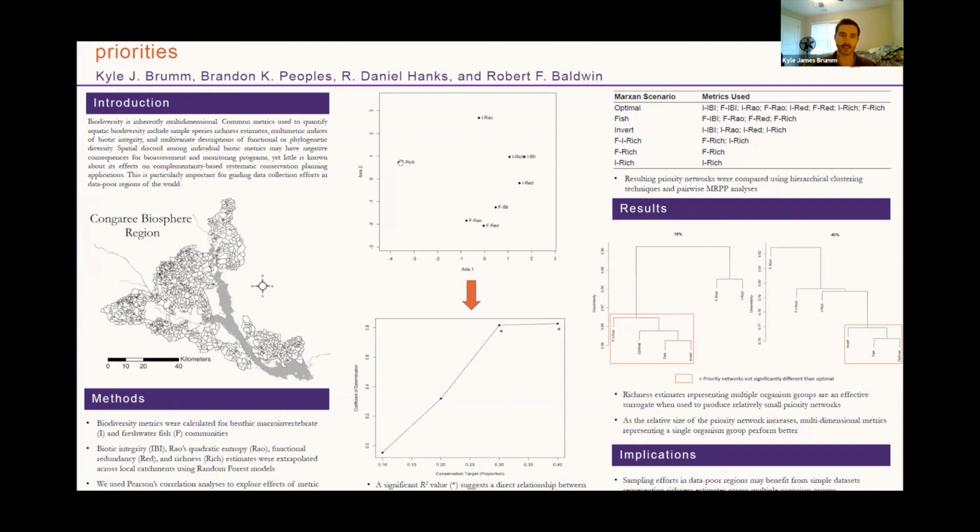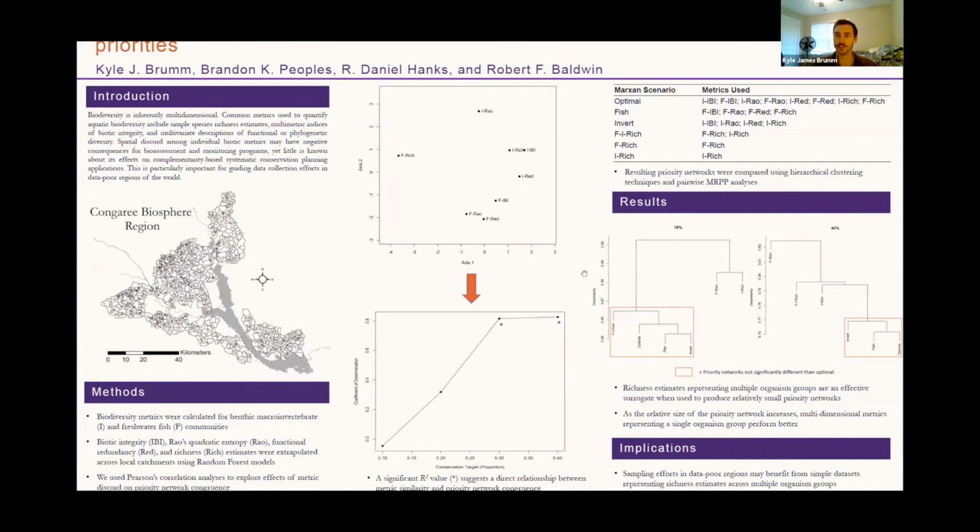The first axis is just a simple species richness component, and our second axis is kind of this functional diversity, functional redundancy axis. And we see quite a bit of separation based on the organism group as well, where we have kind of our invertebrate metrics up here on the top right, fish on the bottom left more so.